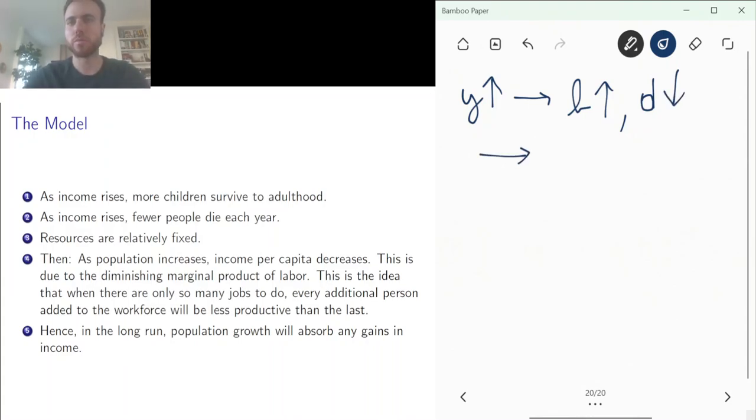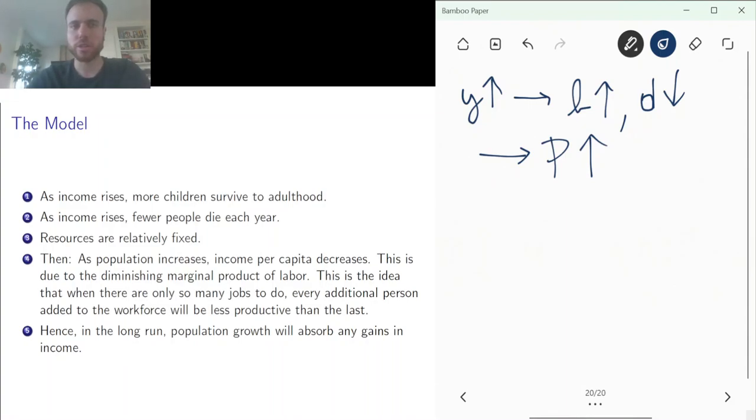So overall population increases. What is the mechanism here? You have more income, think about food. So you have more food, so you can sustain more people, more children survive, and fewer adults die out of starvation. So population will grow if there is a positive shock on income per capita.